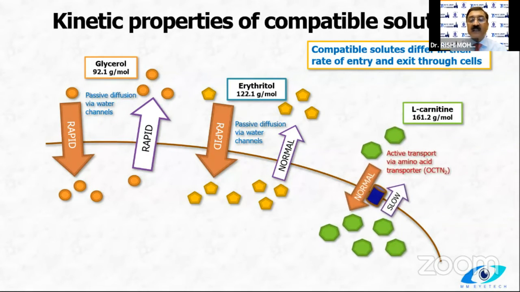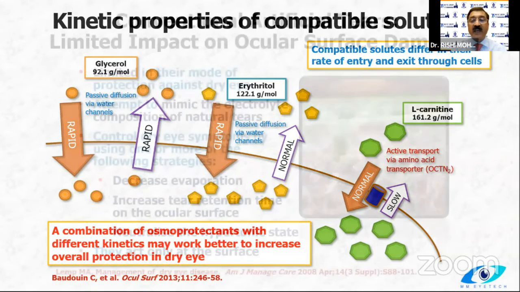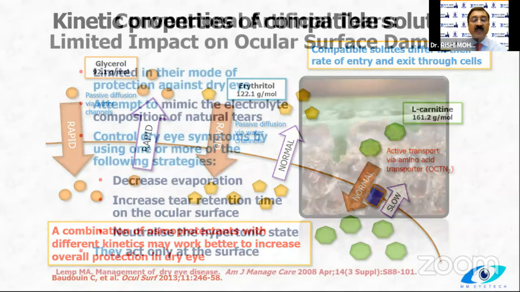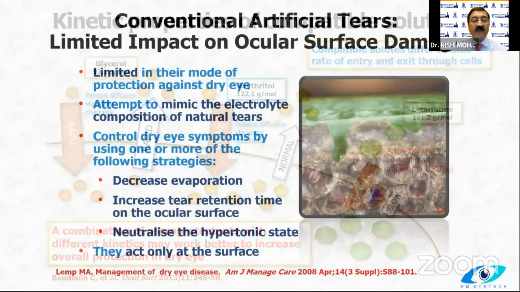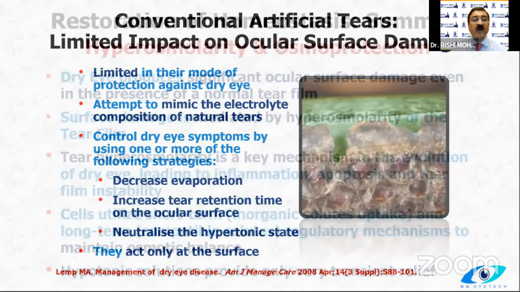And then L-Carnitine, which has to be actively transported. And it is the ideal combination of these osmoprotectants with different kinetics which may work better to increase the overall protection in dry eye. So conventional therapies only help at the surface, whereas the osmoprotectants tend to neutralize the hypertonic state and increase the tear retention time and improve the osmoprotection that is possible.